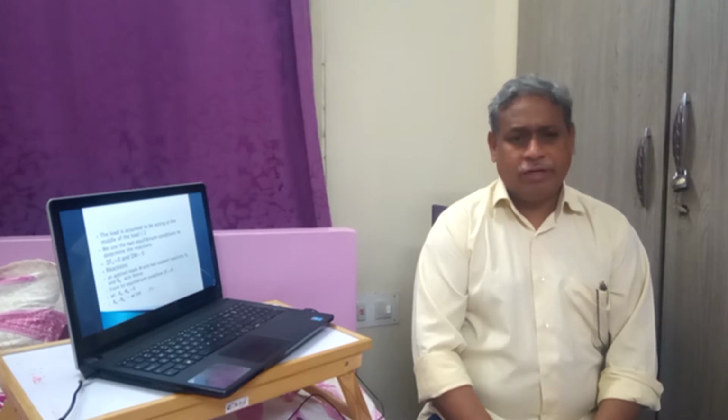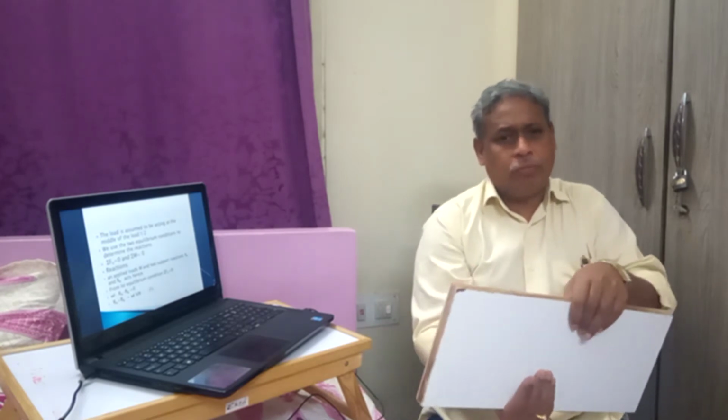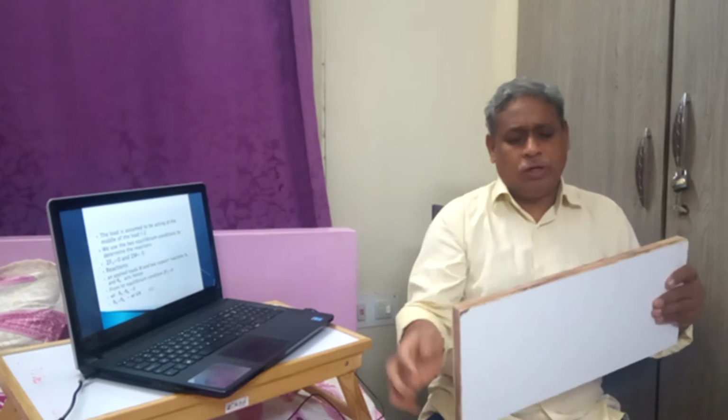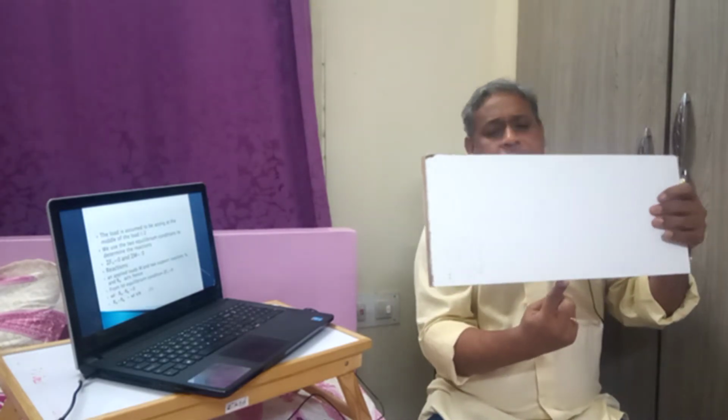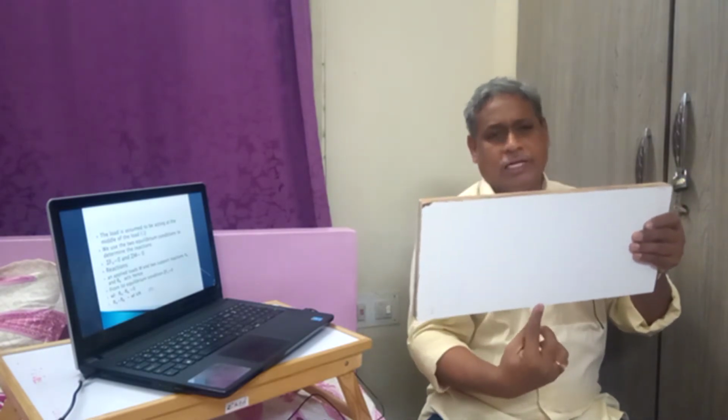That is, whenever there is some uniform loading, let us suppose this is UDL, because this plank is uniform, the entire load is assumed to be acting at its center, that is at the mid portion. Through this middle point it will be acting.